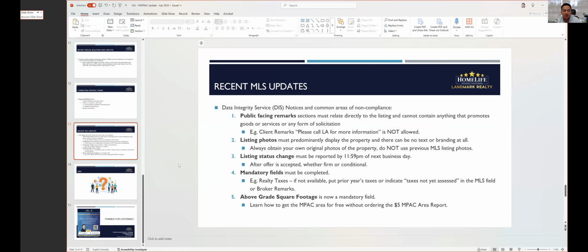I think the biggest area that has received updates recently is MLS listings and data integrity. The TRREB Data Integrity Service, or DIS, is responsible for maintaining the accuracy and integrity of the MLS data. So as a brokerage, every now and then we will receive DIS notices for our brokerage listings.